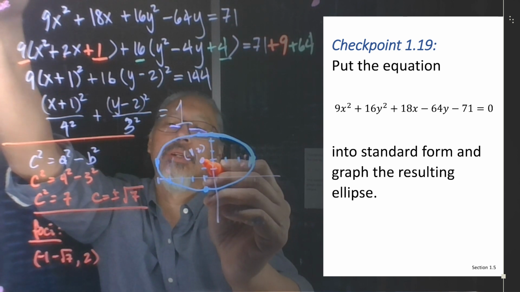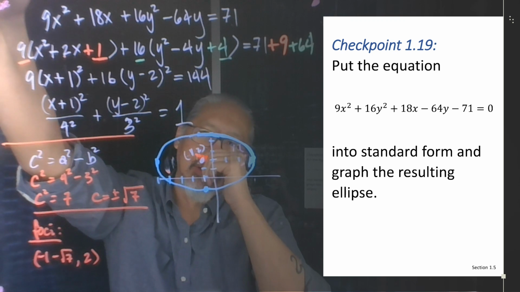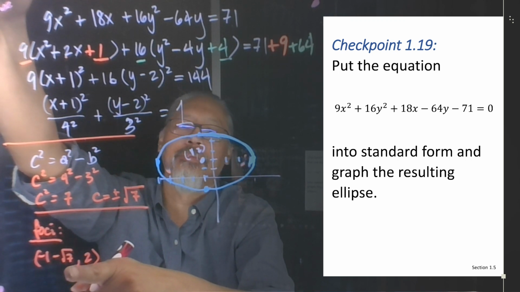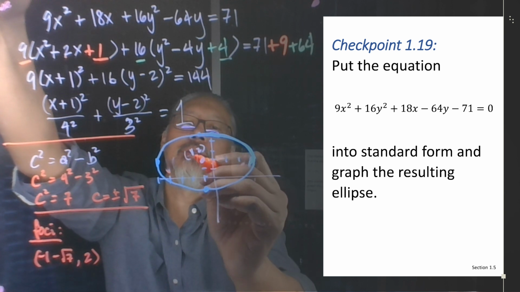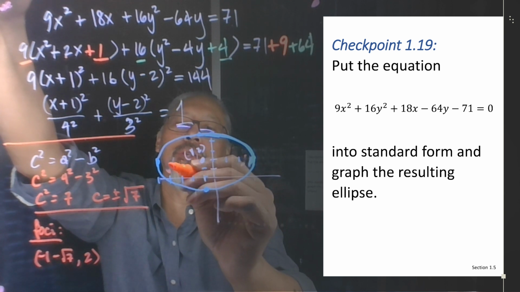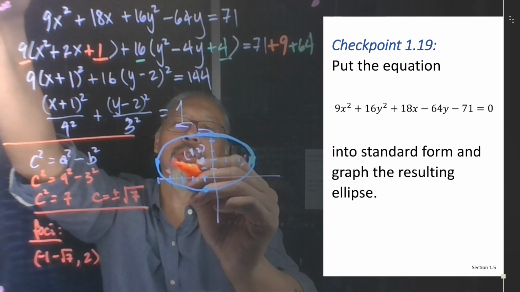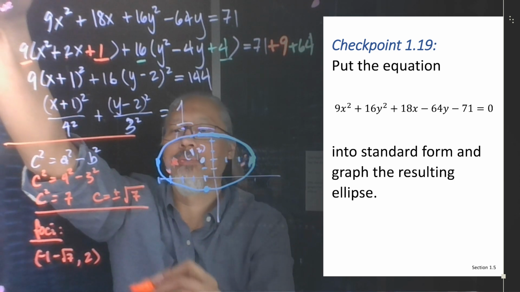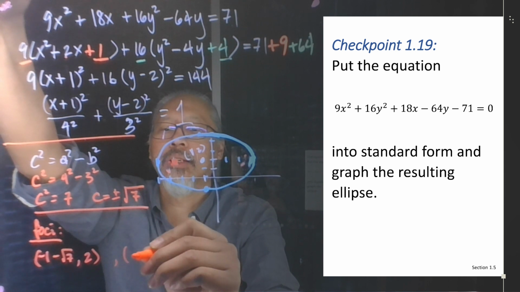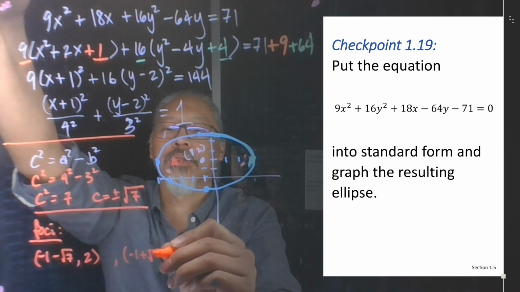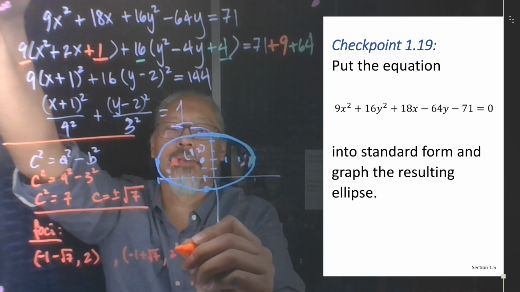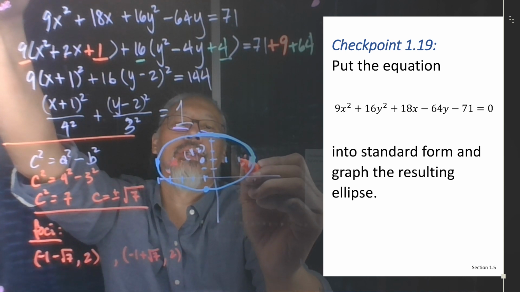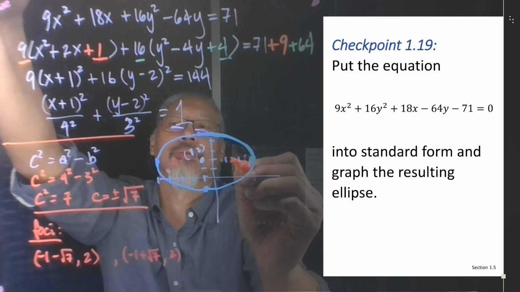So from here, square root of 7 is less than 9, between 2 and 3. So 1, 2, and 3. So between 2 and 3 would be somewhere over here. That's one foci. And our second foci is -1 plus the square root of 7, comma 2. And that would be 1, 2, 3, somewhere over here.